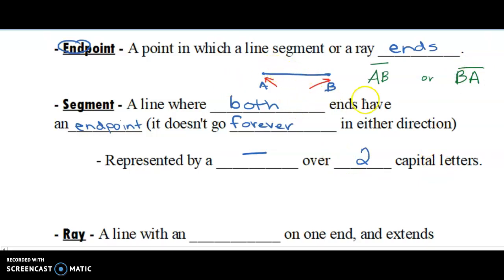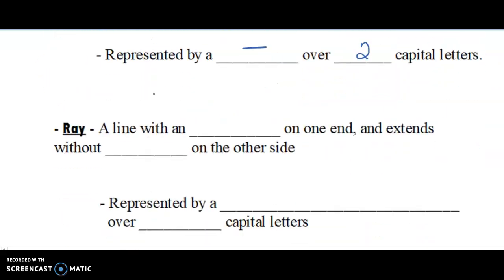All right, now on to rays. A ray is a line with an endpoint on one end and extends without end on the other. So it starts here, and then it goes on forever in this direction. Say this is C, D. Here's our endpoint, right? C is an endpoint.